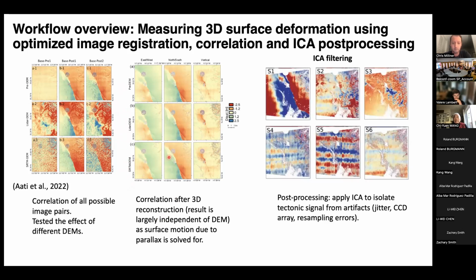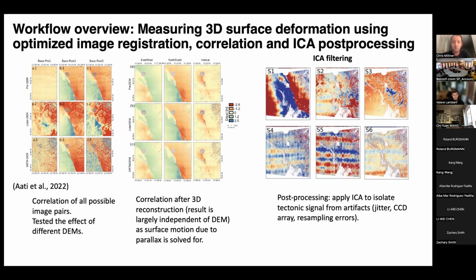And then lastly, this is showing the ICA filtering result, basically comparing the different independent component sources for our results. ICA is a statistical technique which decomposes your data into statistically independent sources.